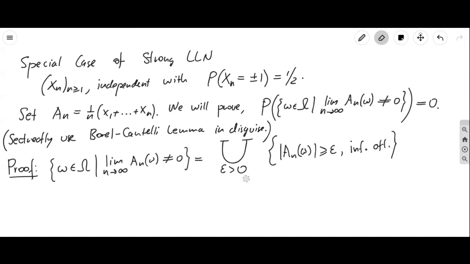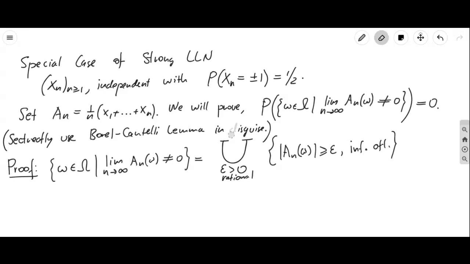Now, in probability theory, we like to use countably many objects. And there's a little bit of an annoyance here that this is indexed by a real number. So to fix this, you can assume, without loss of generality, that the epsilon is rational. So you can just assume it's a rational positive number.